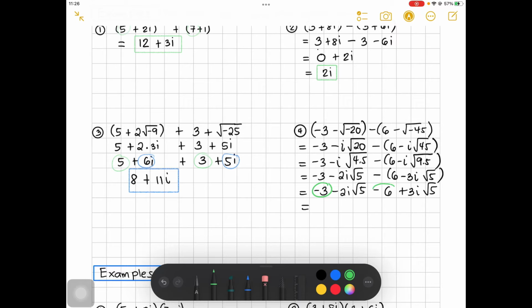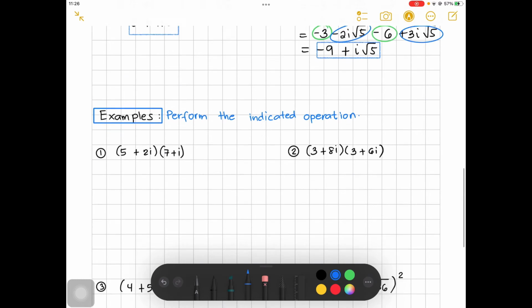The real parts, negative 3 minus 6, it's negative 9. Imaginary part, negative 2i square root of 5 and 3i square root of 5. That is i square root of 5. So this is the final answer.